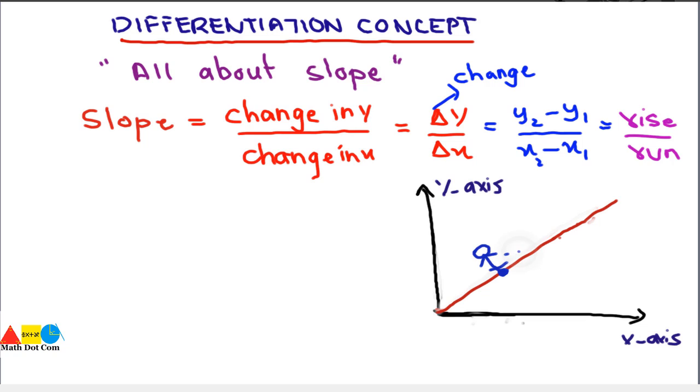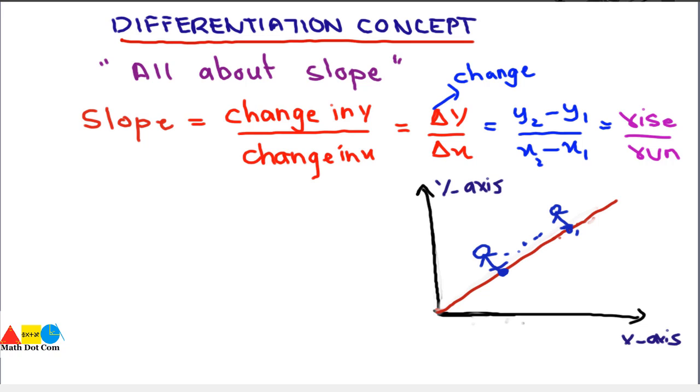Then after moving from here, you reached this point, which is another point. Now keep this in mind, that there is a slope only when you are climbing, or you are not moving in a straight line horizontally. There must be a change on the x-axis as well as on the y-axis.